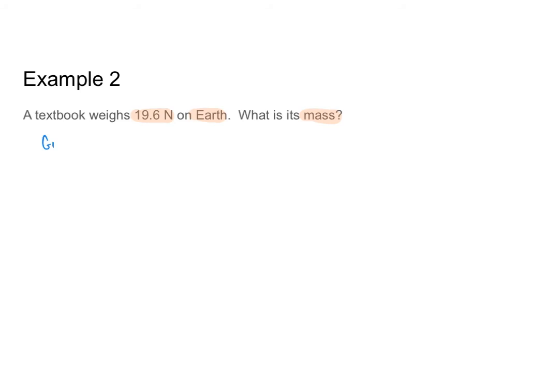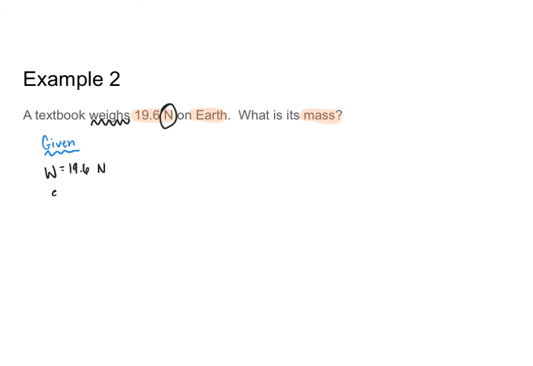So my given here is going to be, of course, 19.6. And looking at the units here, I know that that is a force, and I know that that's listed as being its weight because the question tells me that that is its weight. It says that it weighs that much.